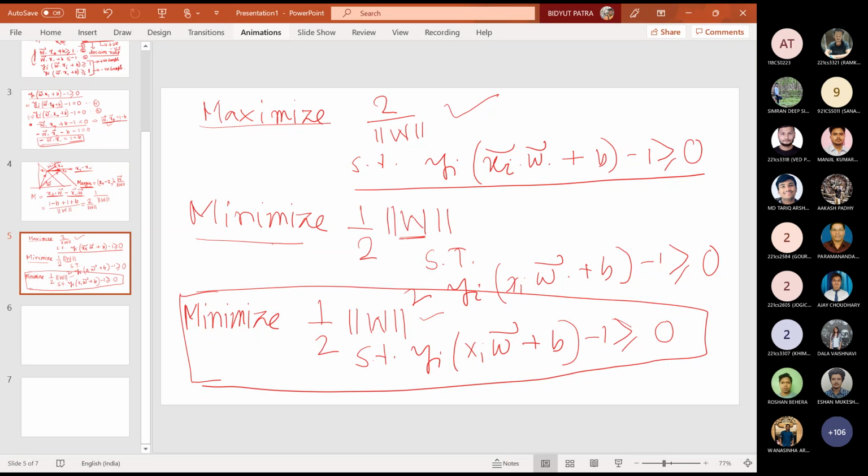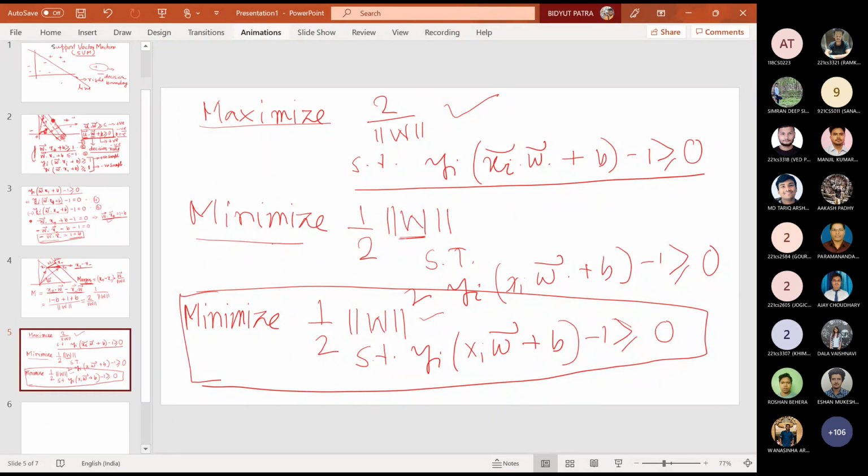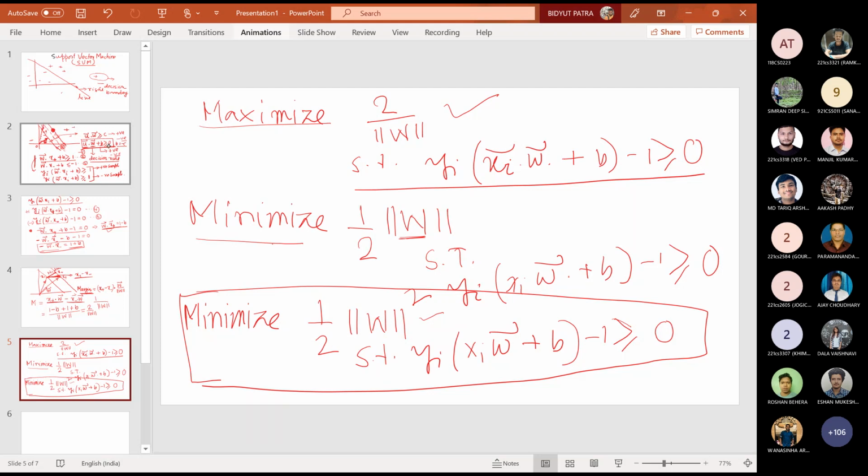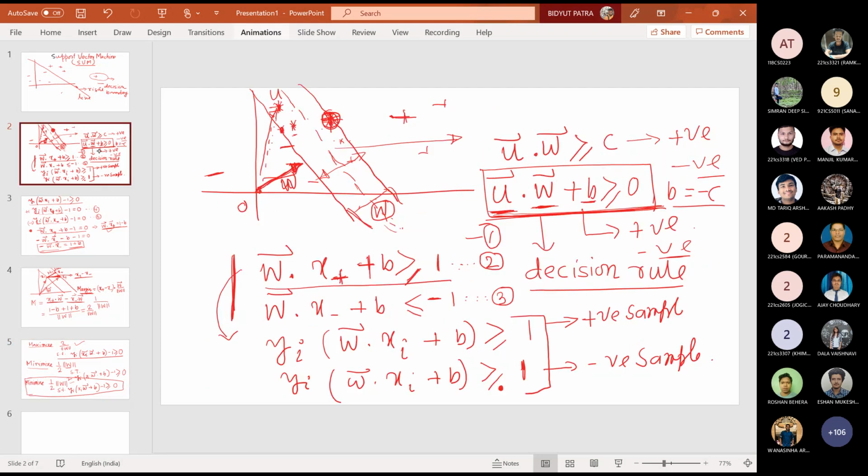So now the problem is here. We have to minimize this value subject to the constraint. We have two variables, W and b, because from the very beginning we said the decision rule requires finding W and b. The condition was that W should be such that the separation between positive and negative samples is maximized.